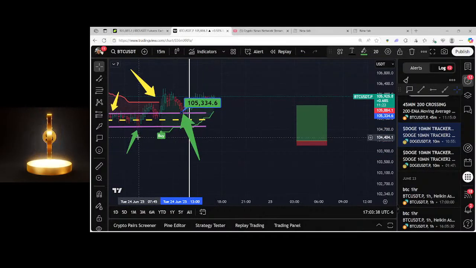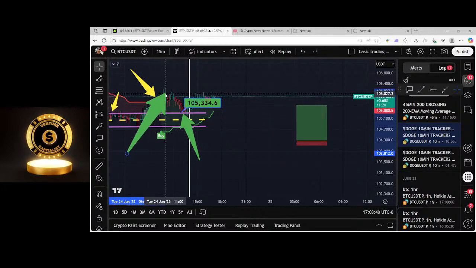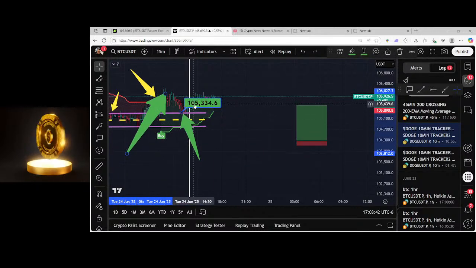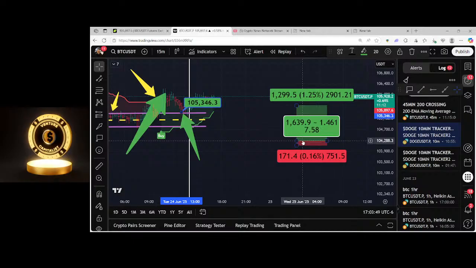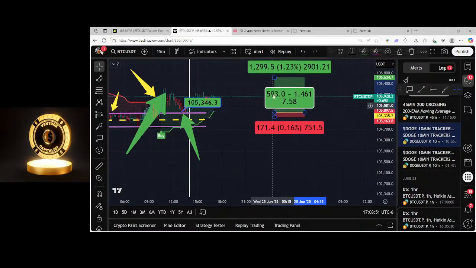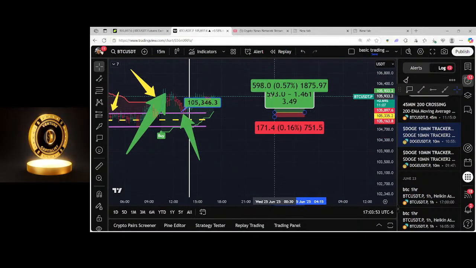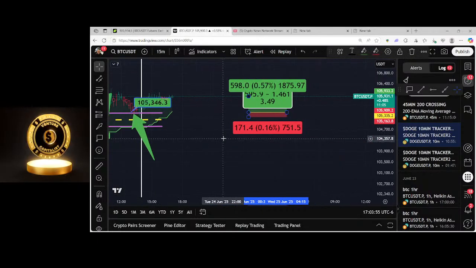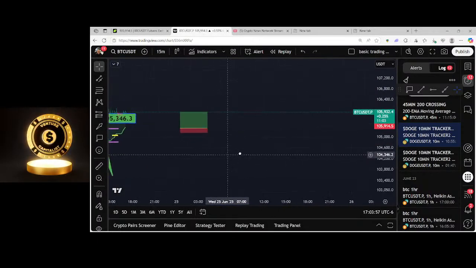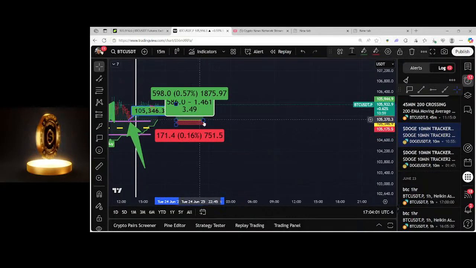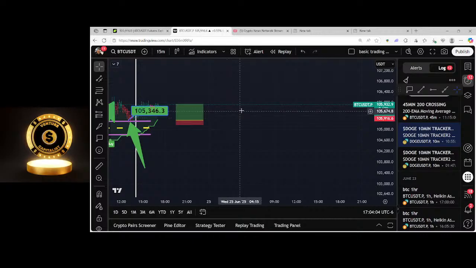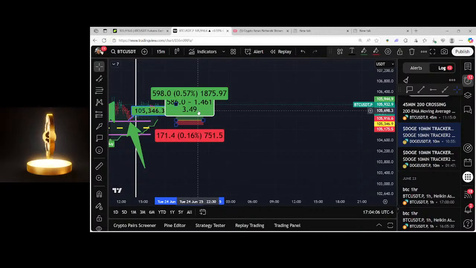So once you did this first trade here, which gave you a 1% move, you would then reset up your buy on the resistance support zone of 105.346, and you would currently be in a trade here. So once again, if you had a 50x leverage here, you would be up 30% right now.